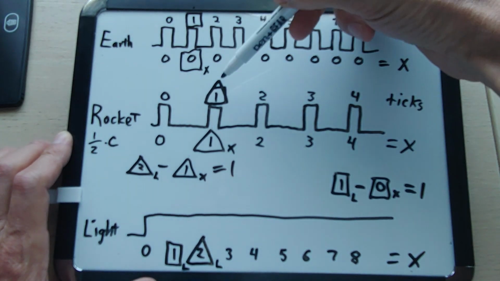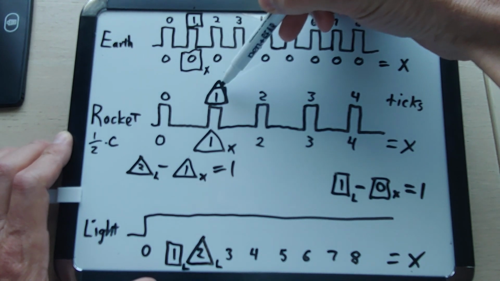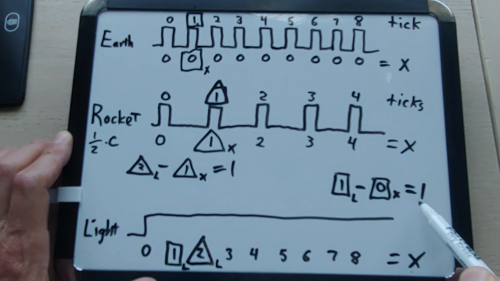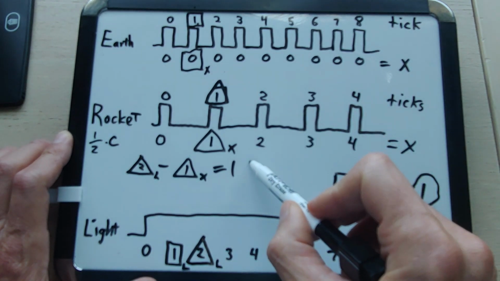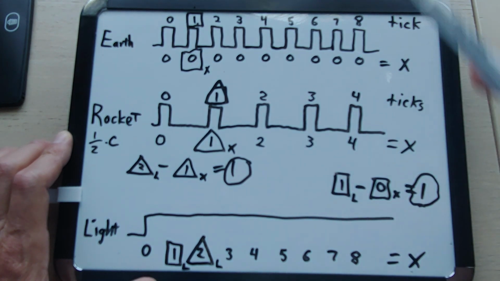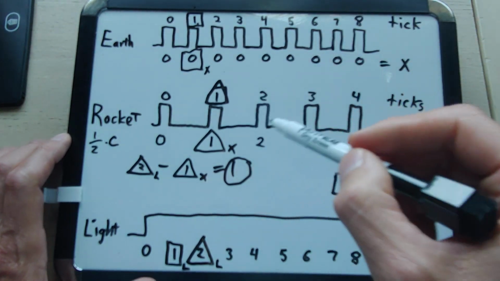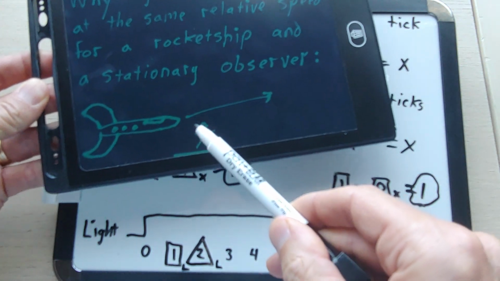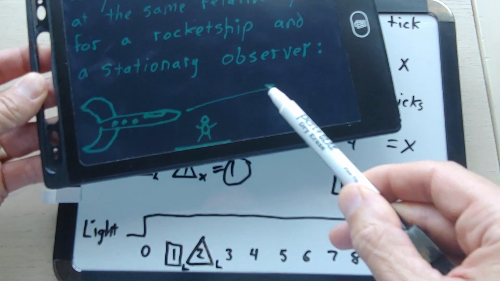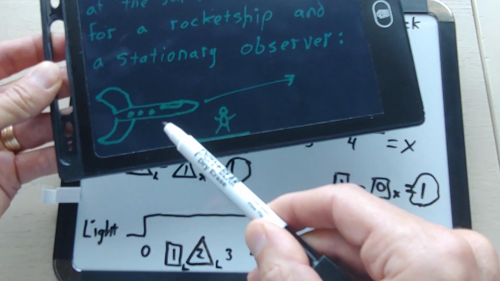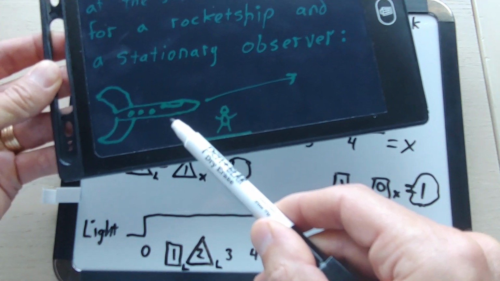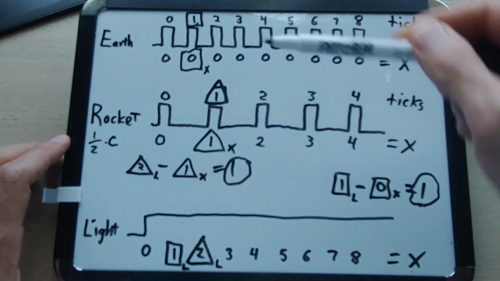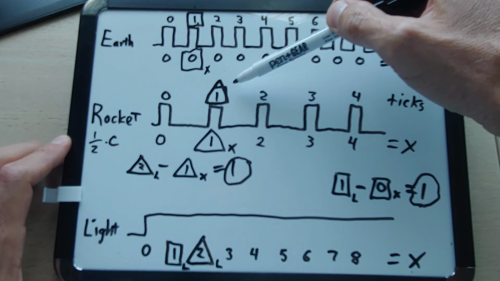When they both open their eyes and they both observe something in their universe, they both observe the light being 1 distance away from themselves. So even though this rocket ship emanated light from the headlights, and it was traveling 1/2 of the speed of light, the observer on the rocket ship, when he first looks and takes his little recording and says, "Where's the light?"